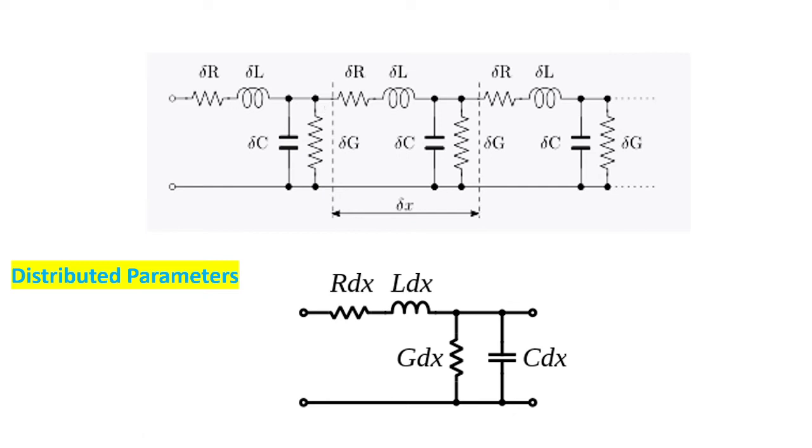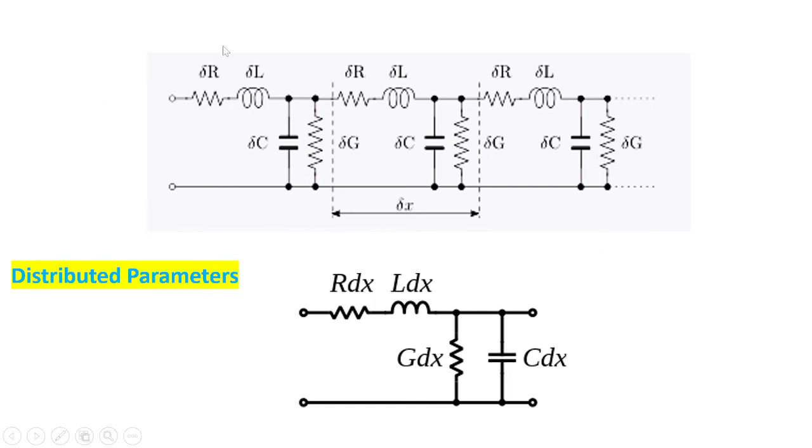The most important thing is that this RLCG is not at one particular place. It is actually throughout the entire cable. If you consider this is the length of the cable, you can see RLCG, and this will continue RLCG, RLCG, which means these primary constants are distributed along the transmission line.